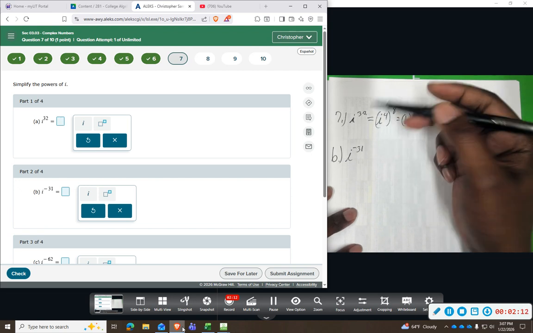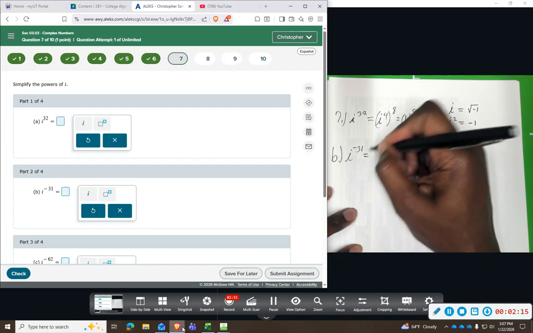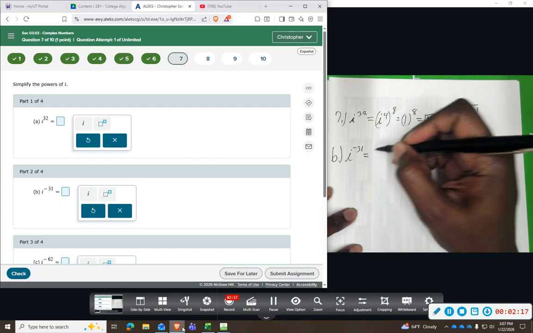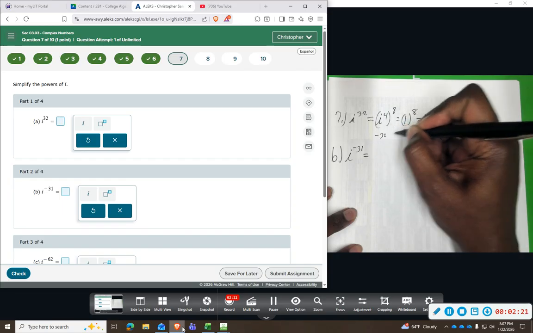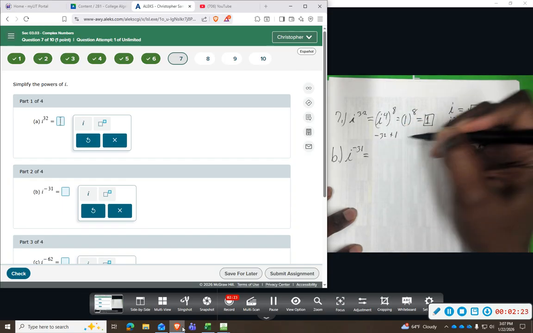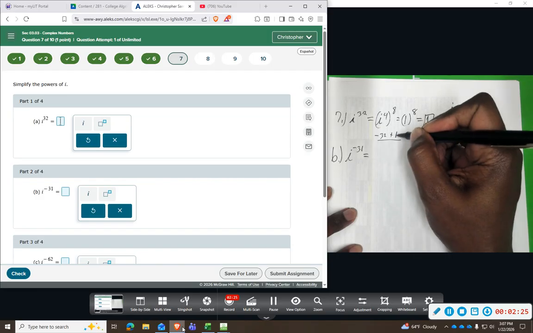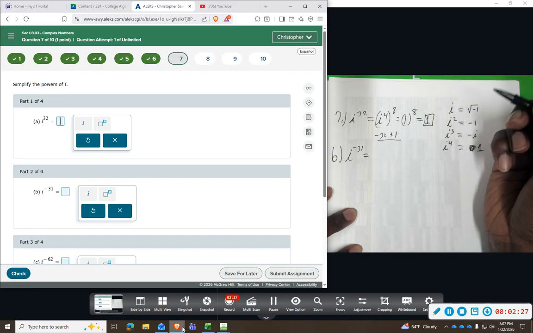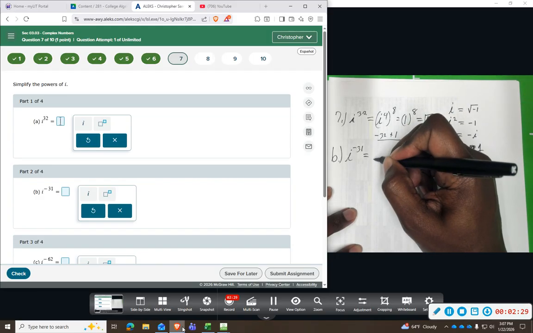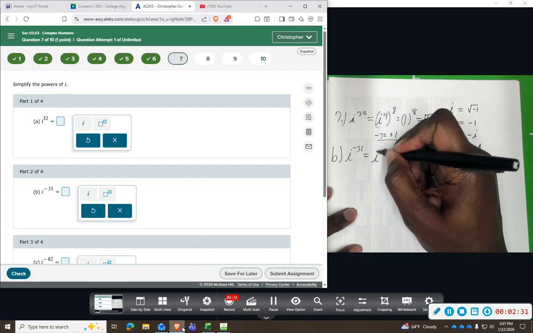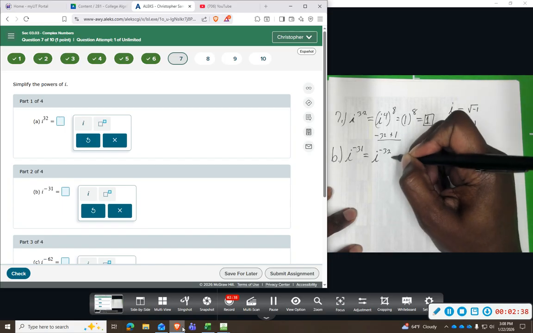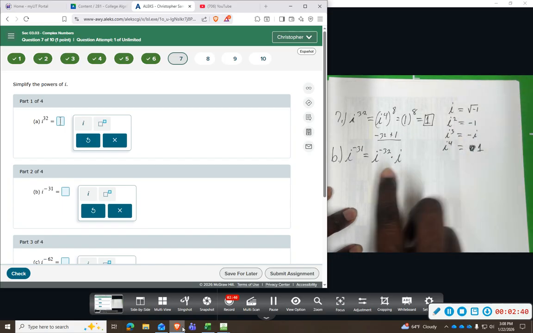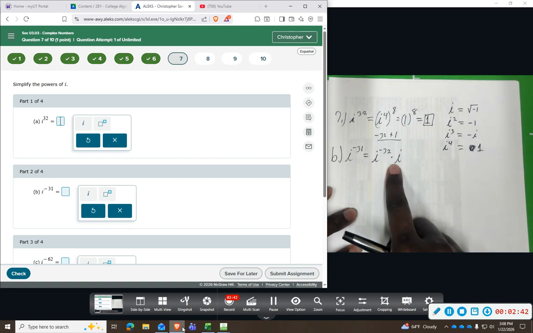So I want to rewrite this, and again using properties of exponents, I'm going to rewrite this as -32 plus 1, because I'm trying to get a power of 4. So I will look at i to the -32nd power times a positive i. This is the same thing with properties of exponents.